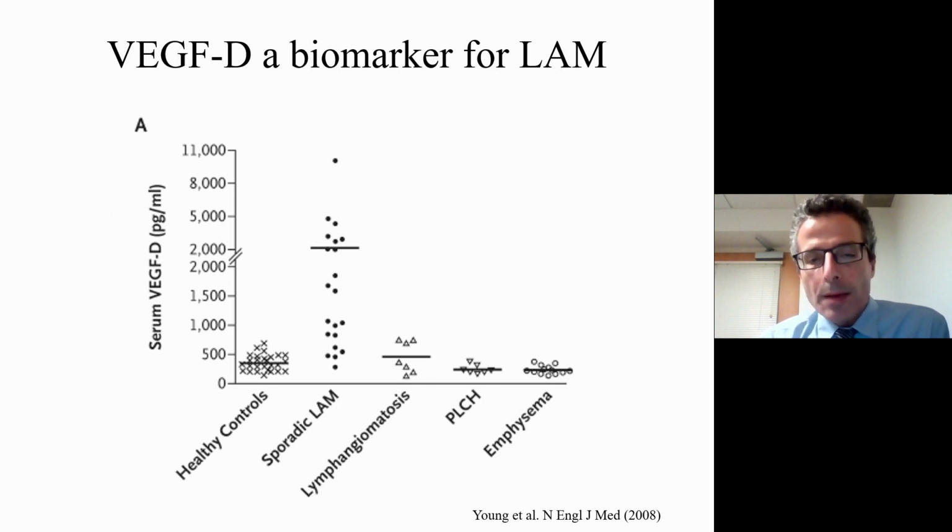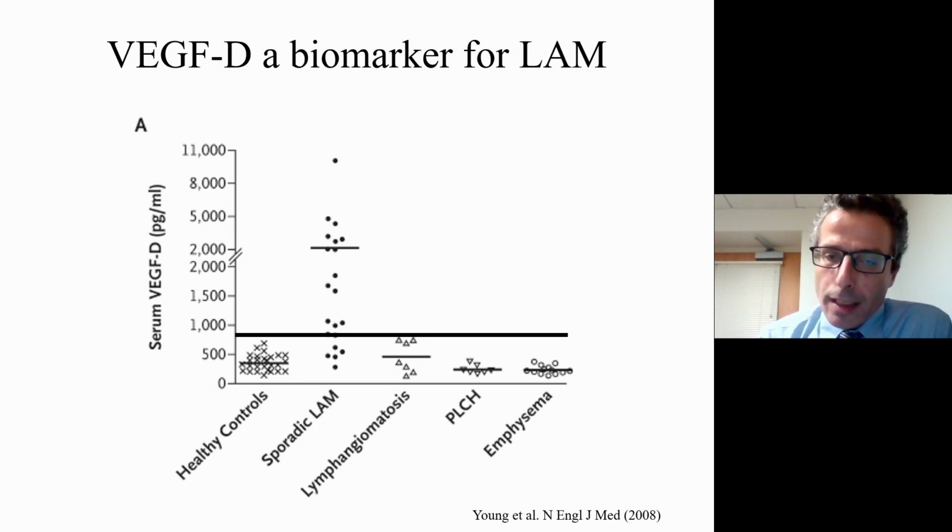So LAM is also one of the rare lung diseases that we actually have a biomarker for. There's a blood test that allows you to diagnose LAM. Vascular endothelial growth factor D, VEGF-D, not just VEGF, which is VEGF-A, is diagnostic of LAM if the levels are above 800 picogram per ml.